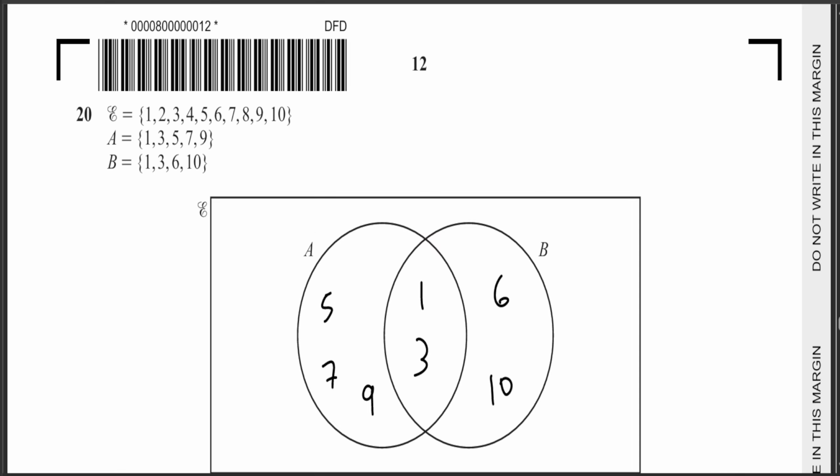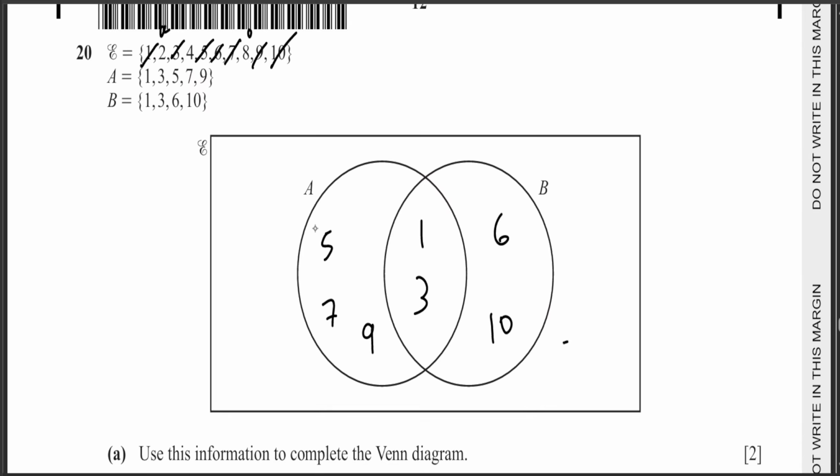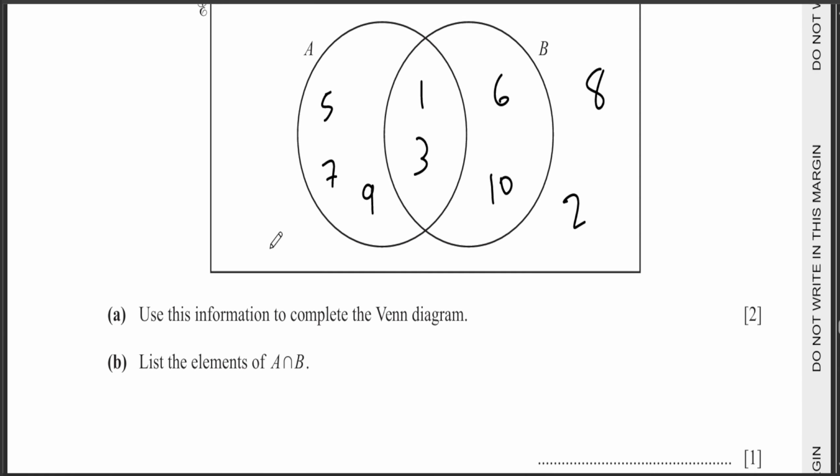So the ones that will remain from the universal set, because 1 is already being used, 3, 5, 6, we've used 7, we have used 9, we've used 10. So we just remain with 2 and 8. They should be outside here. So I'll write 2 and 8 here. So we've completed the Venn diagram.